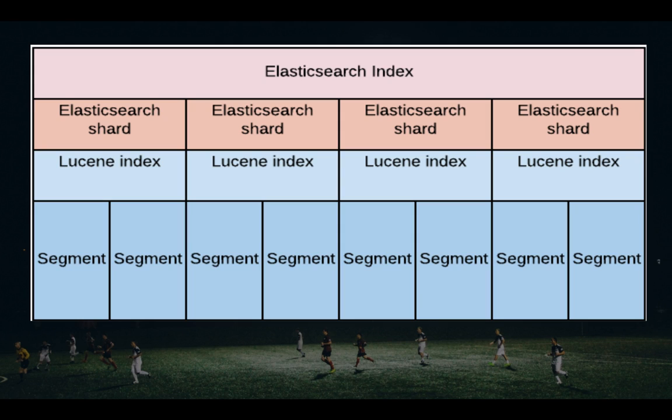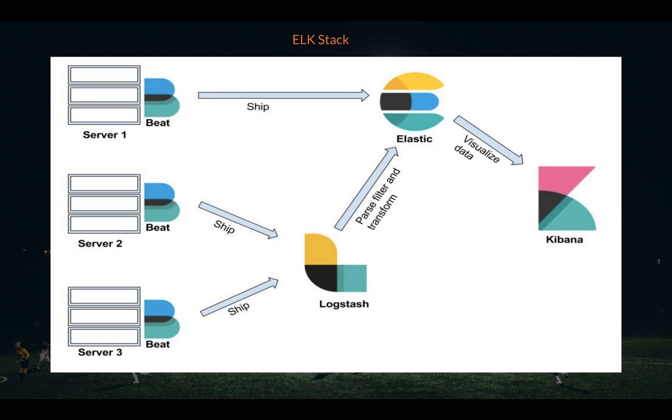As you know, each shard is a Lucene index in itself, and each Lucene index contains multiple segments. So the smallest building block on Elasticsearch is the segment. The combination of segments creates a Lucene index. A Lucene index is a shard, and the combination of shards creates an Elastic index.